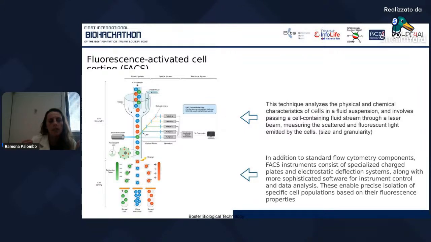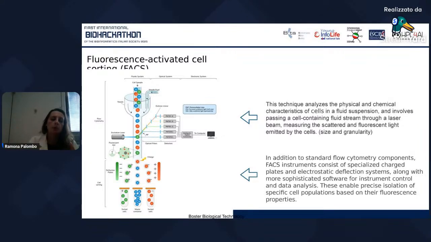and collect them in different fractions. In this case, I can be interested, for example, in cells that are green or red because I used a fluorescent label inside the cells or on the surface of the cell, and so I want to analyze this particular subpopulation. Or maybe there is something that is expressed on the cell membrane, some receptor, for example, and so I can detect just the cells that express this receptor.